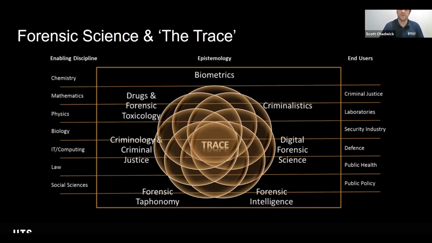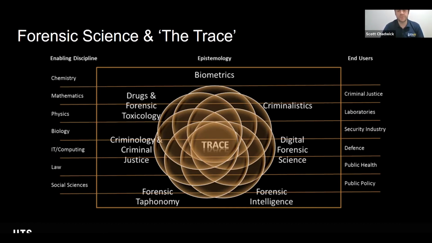Now, this diagram is really just trying to show you the overlapping nature of forensic science. So on the left-hand side there, we've got our different disciplines that feed into forensic science. So things like chemistry, physics, biology. And if we take an example of one of these areas, let's say the drugs and forensic toxicology area.